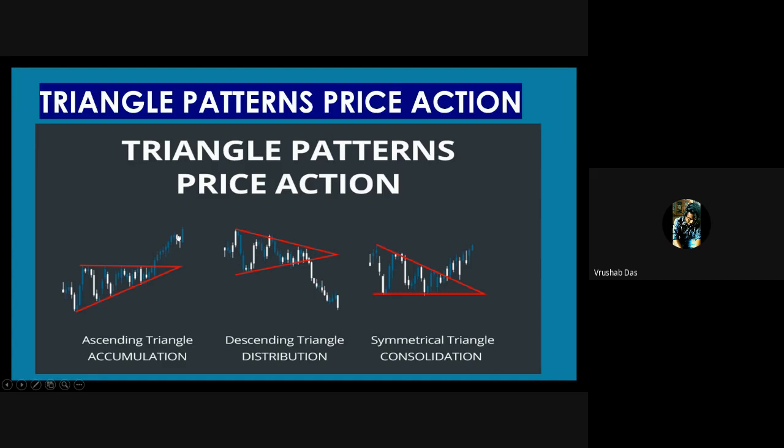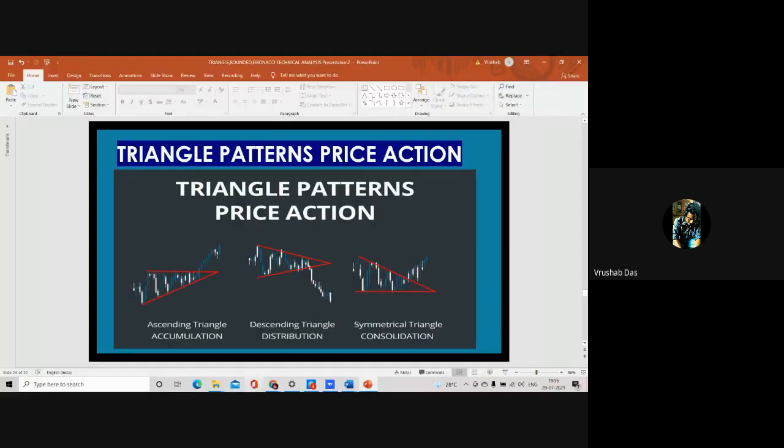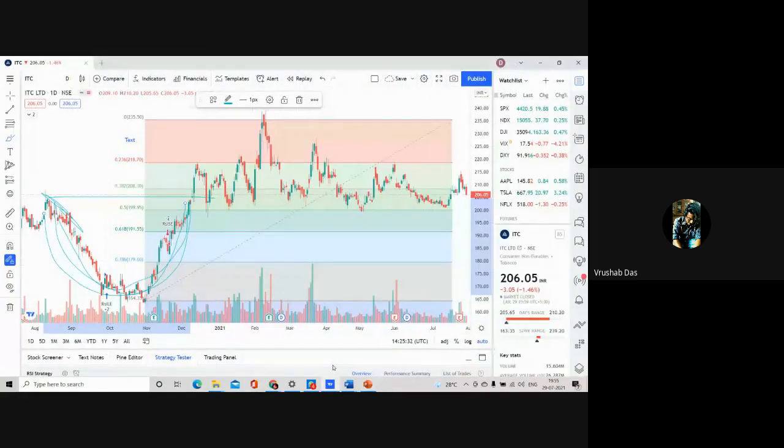Looking at a daily chart for all three types of triangle patterns, draw a line from the first high to the next high. I will take the example of ITC Limited.